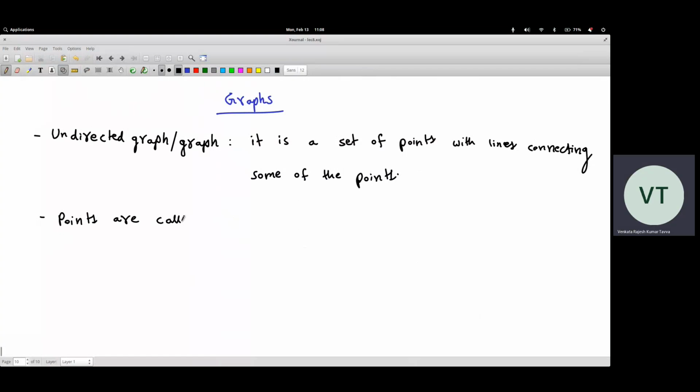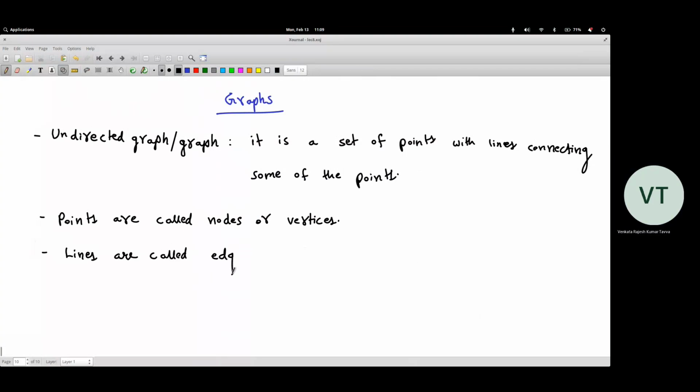Points are called nodes or vertices. Lines are called edges. Right? Let's move on to the next page.